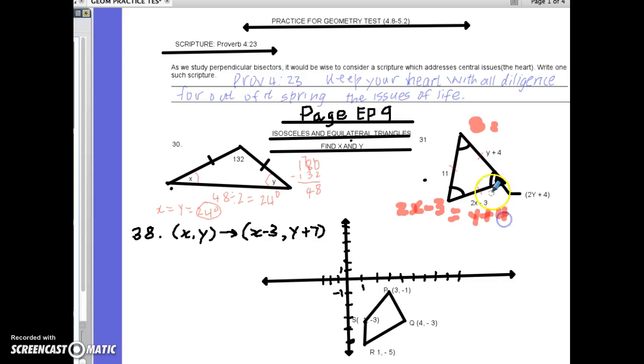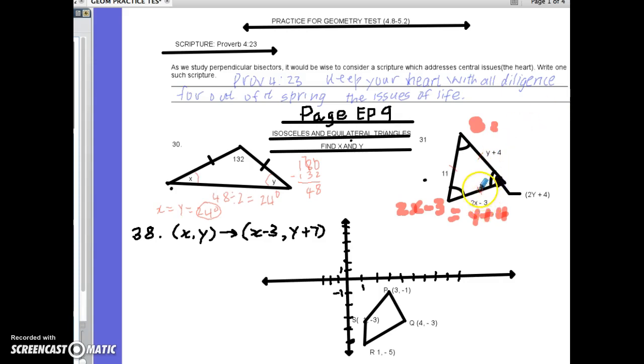That would help us because we got x and y in the mix. We want to get just either x by itself or y by itself. So let's try something else.